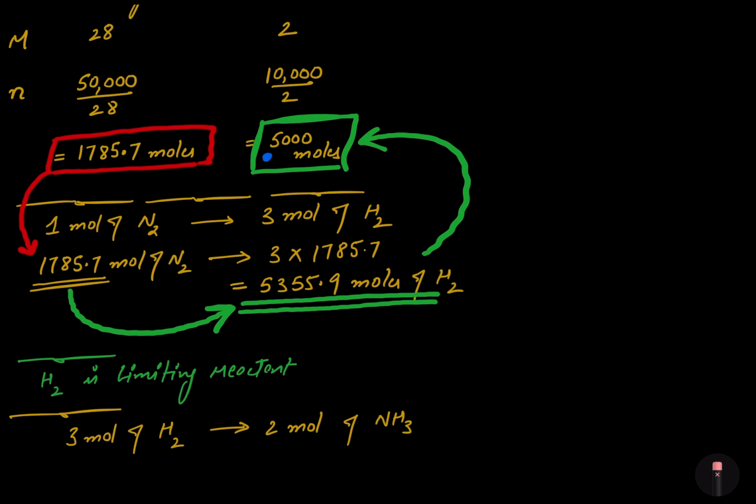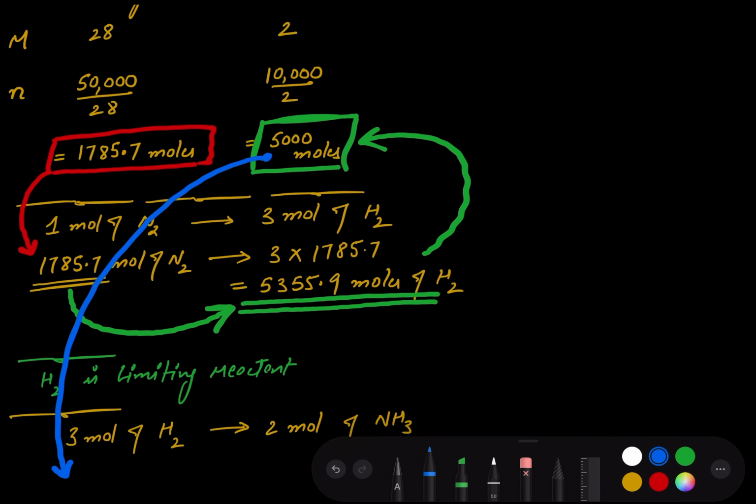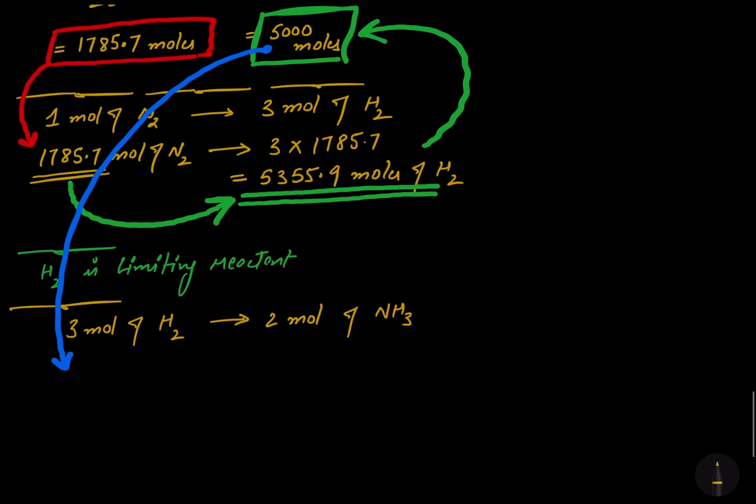So how many moles of NH3 will this quantity produce? 5000 moles of H2 will produce how many moles of ammonia?